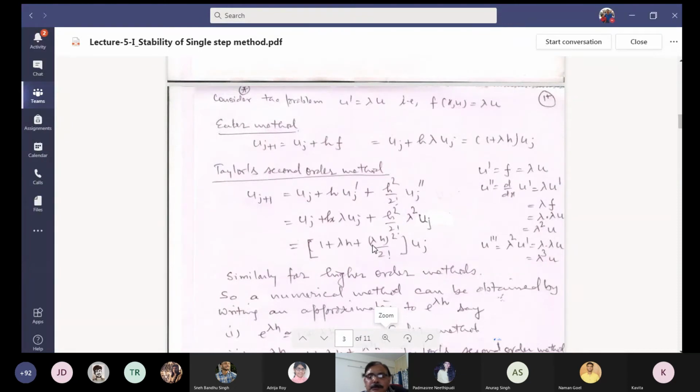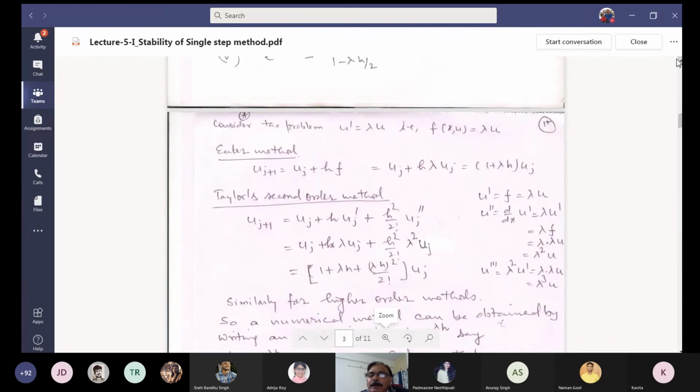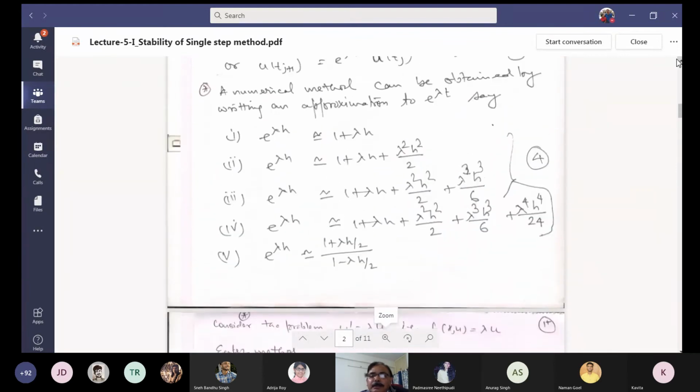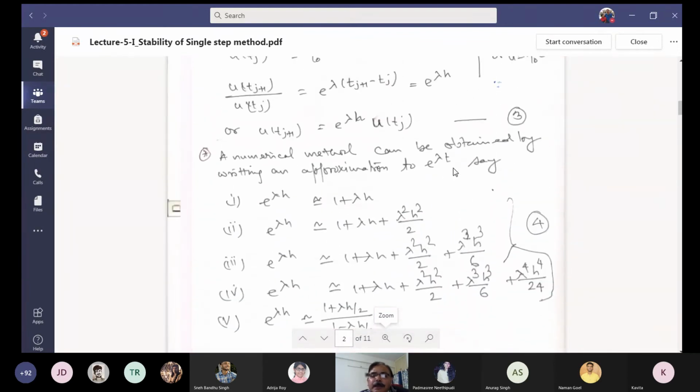Okay, so now I can write like this. Any numerical method can be obtained by writing the approximation to e to power lambda h as 1 plus lambda h. This is your Euler method.